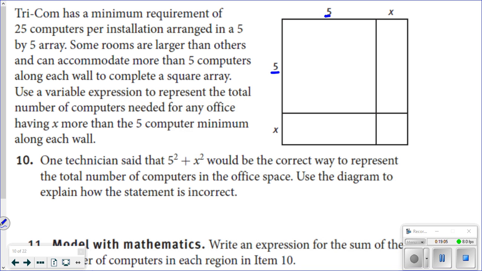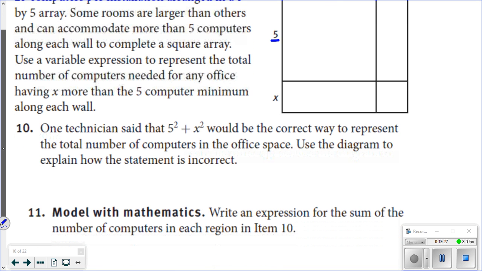So here's my 5, there's my other 5. Some rooms can be larger than others and can accommodate more than 5 computers along each wall. So we're going to use this box and this variable expression to represent the total number of computers needed for any office having x more than 5 computers along each wall.